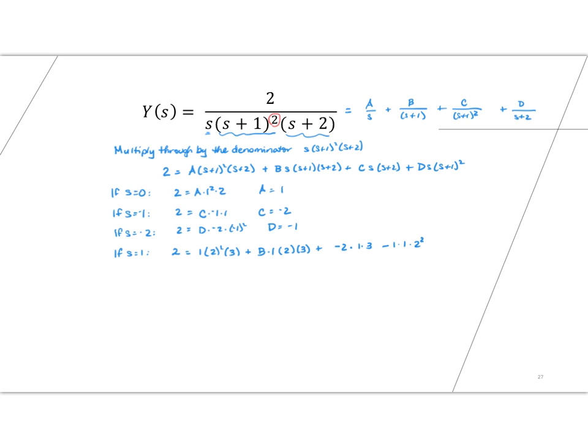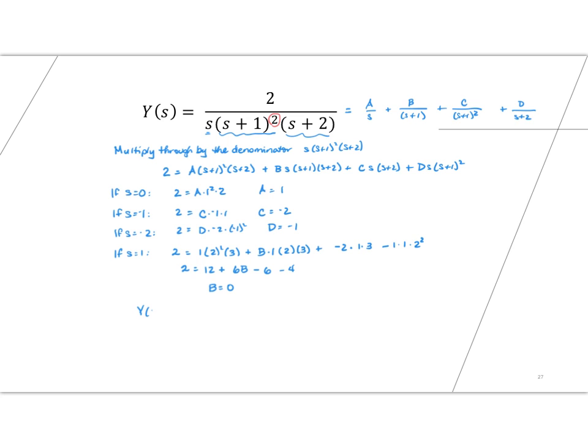Okay, so 2 equals 12 plus 6B minus 6 minus 4. All said, B is equal to 0.